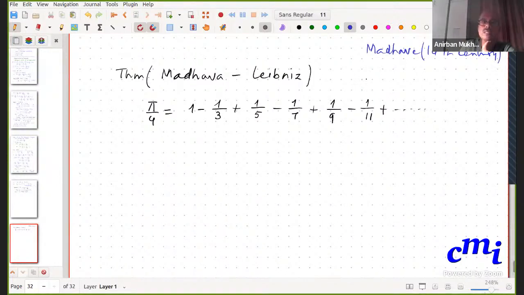And the proof was rediscovered by, of course, they did not collaborate together. They differ by a few hundred years. So Leibniz rediscovered the proof in 1676.